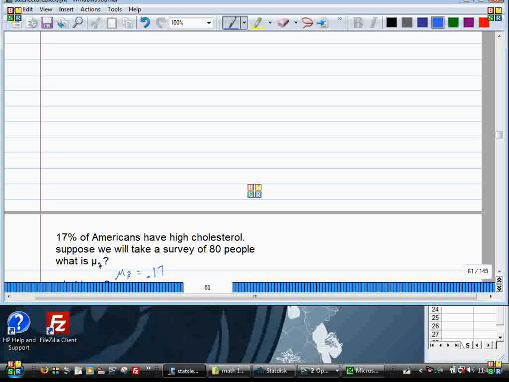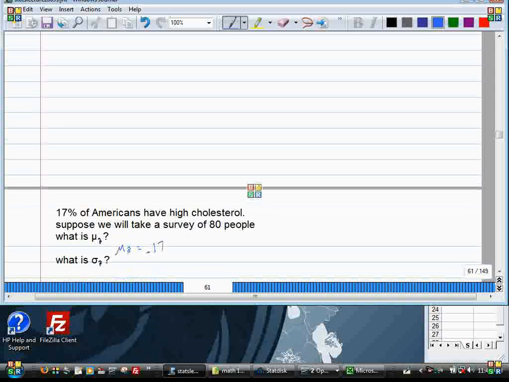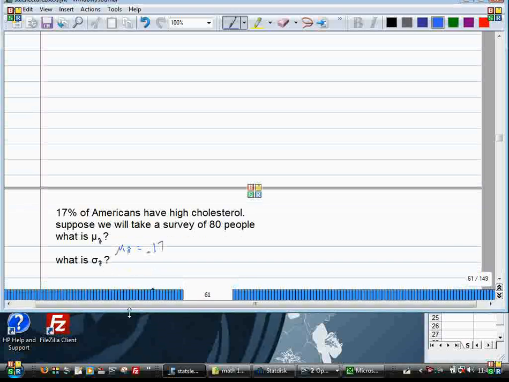Right. Well, now we come to the part where you have to do some figuring. What is sigma for p hat? Yeah, so now we have to use this formula, which was the square root of p times 1 minus p over n.